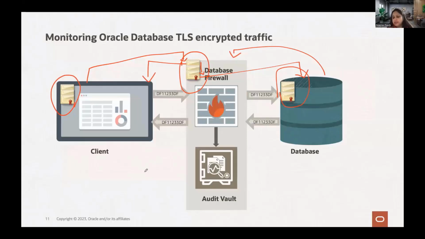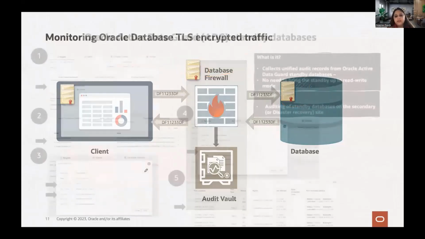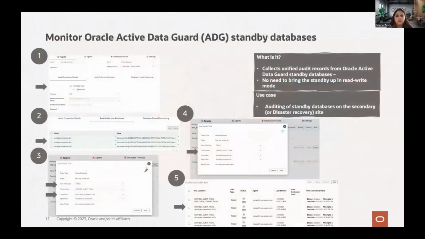So it's not a very complex deployment, but you have to really carefully deploy that. I have done it in past and given a demo around that. It's very useful when you are really using TLS encrypted traffic feature in Oracle database, and you are using database firewall as well. So you have now better visibility on those data.